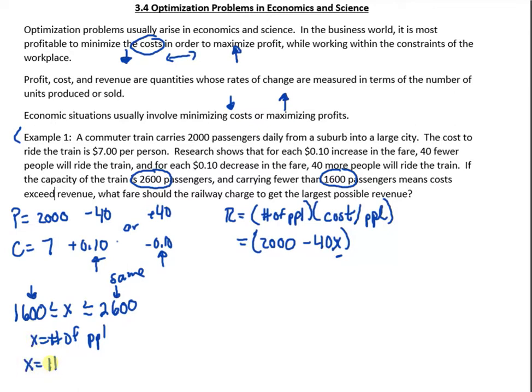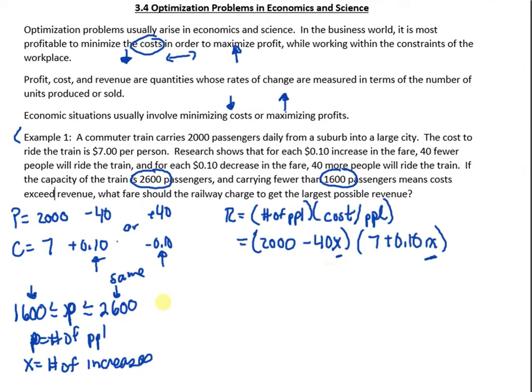X is going to be the number of increases. Let's call P the number of people. So it's going to go down 40 people per increase in cost. The cost starts at $7, but it's going to have increases, and the x represents how many times. So if you had 5 increases in the cost, it'd be 50 cents.